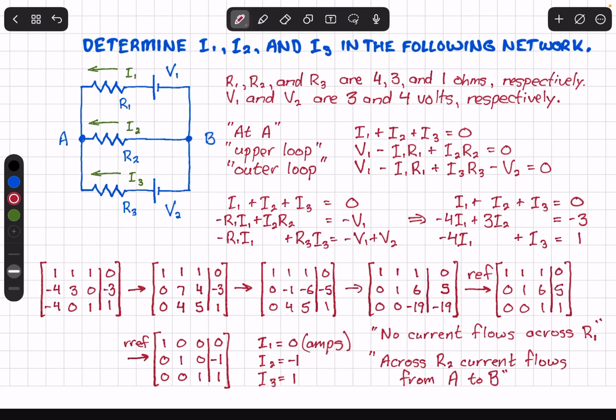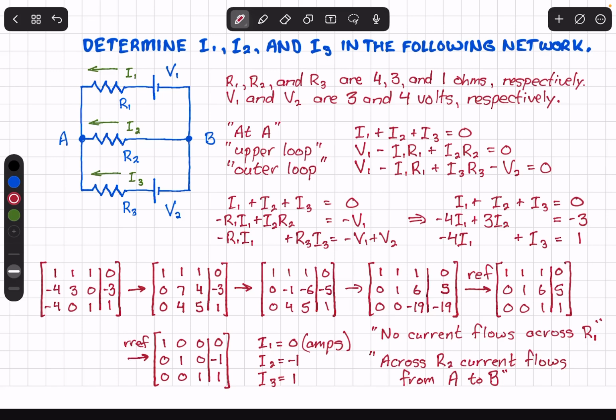With the currents I1, I2, and I3, we arbitrarily set the directions. So at either node A or B, we could say incoming current, I1 plus I2 plus I3, is outgoing current, which the diagram says is 0.